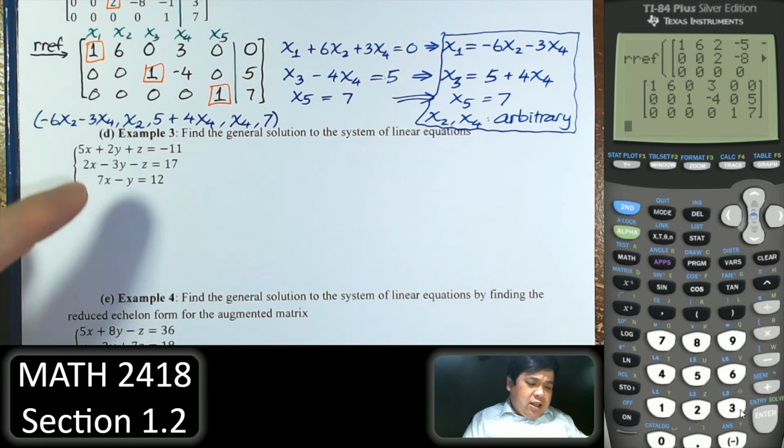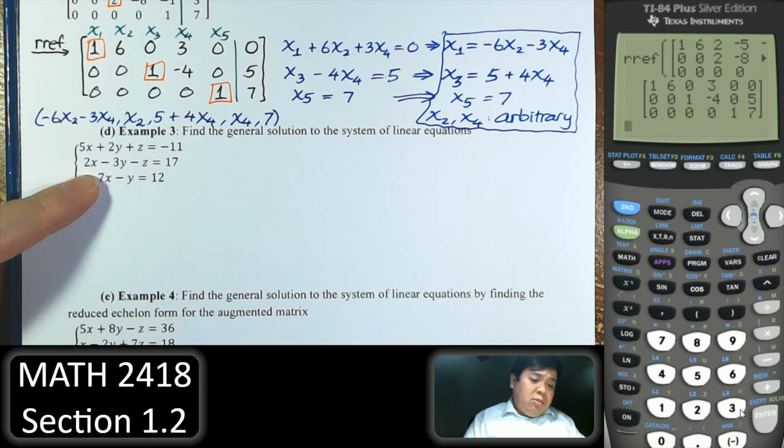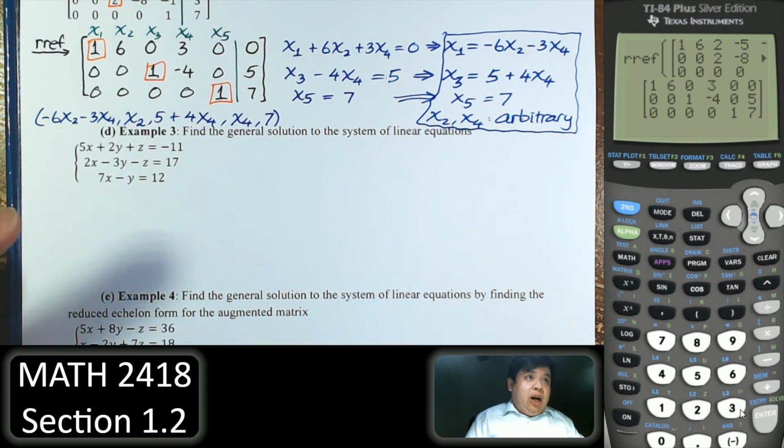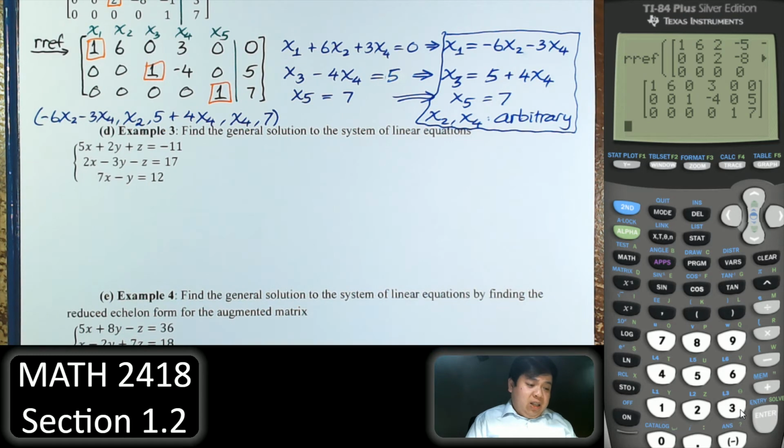Right. Next, find a general solution to this system of linear equations. Why don't we write that as an augmented matrix, and turn that into reduced row echelon form.